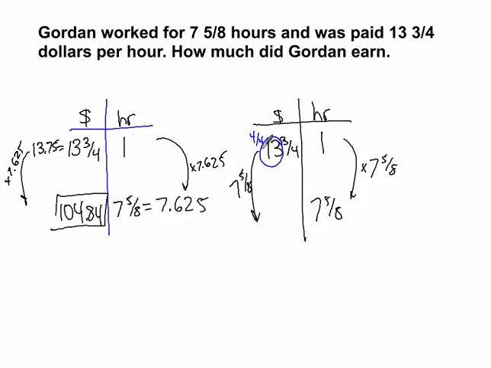So 13 is really, if each one of these is a fourth, and we're saying we have 13 wholes, every whole has 4 parts, so 13 of these would be 52. So it's really 52/4 and 3/4 more.